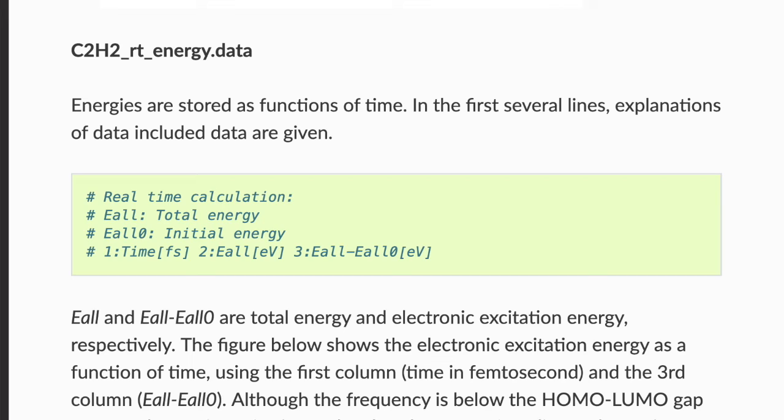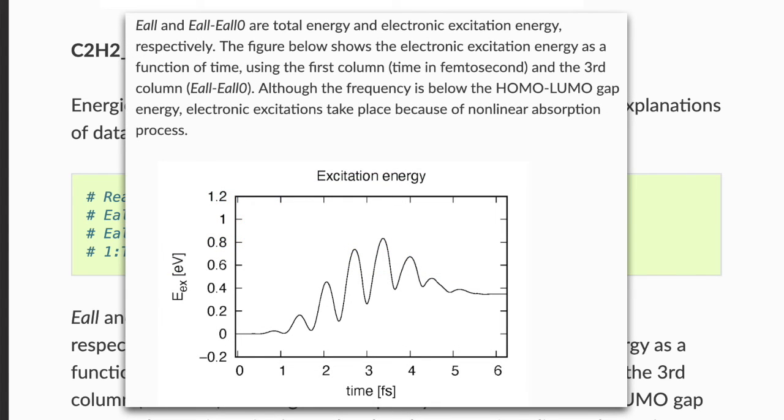c2h2_rt_energy.data contains the energy of the system as a function of time. In this figure, the horizontal axis represents time and the vertical axis represents the excitation energy of the molecule based on its ground state. You can observe the excitation of the molecule when an electric field is applied to it.